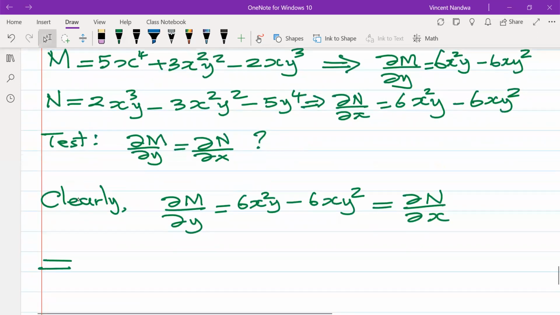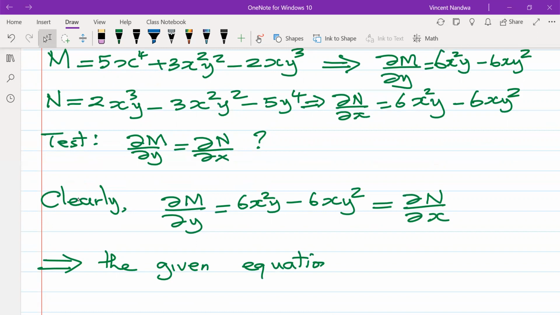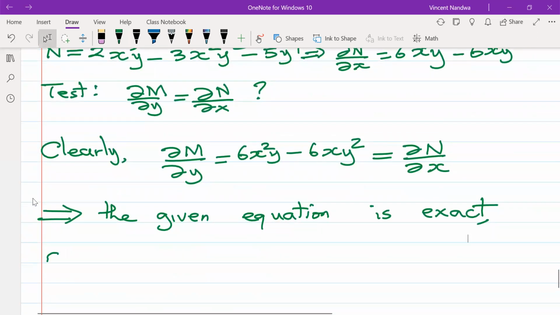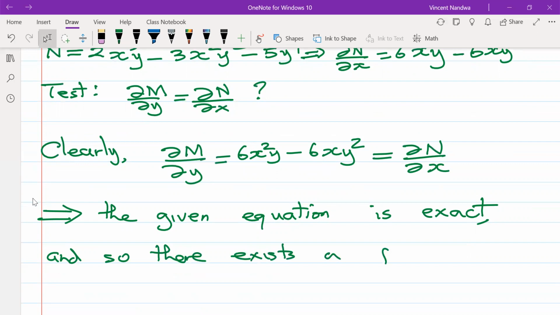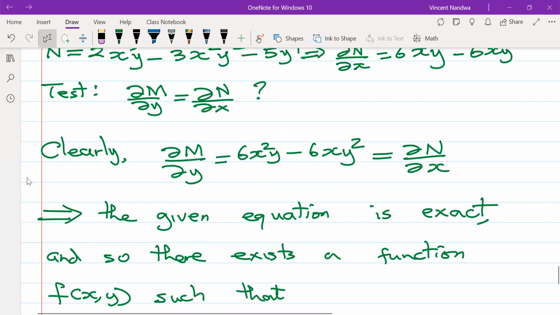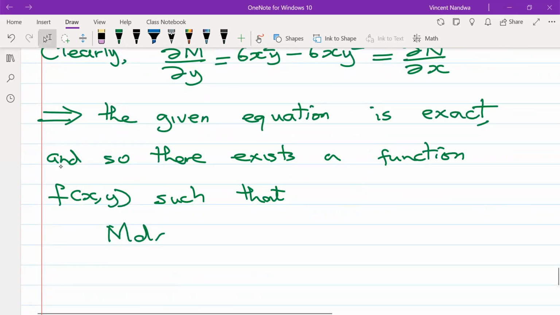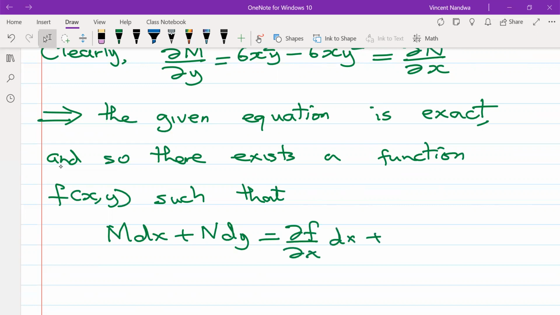So this shows that the given equation is exact, and so there exists a function f of x, y such that this differential equation, which is of the form M dx + N dy, is the same as partial f partial x dx + partial f partial y dy.